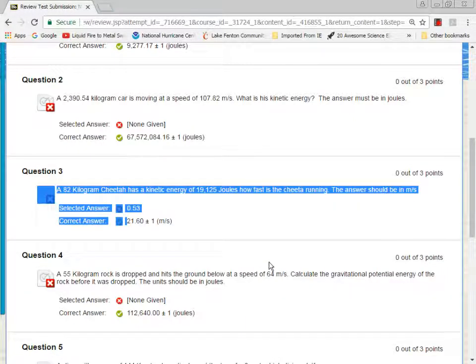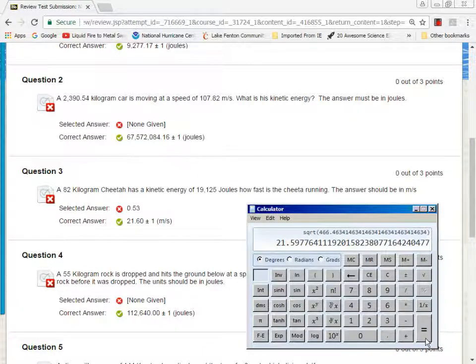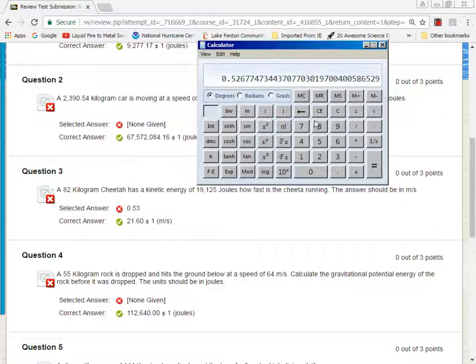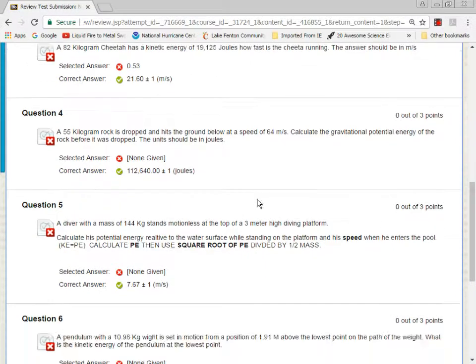I don't have to hit equals. I got the wrong number because I hit equals. So on the third question, it's simply the second number divided by 0.5 times the first number, square rooted.